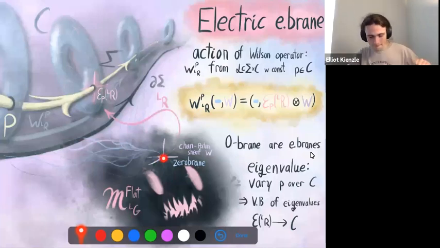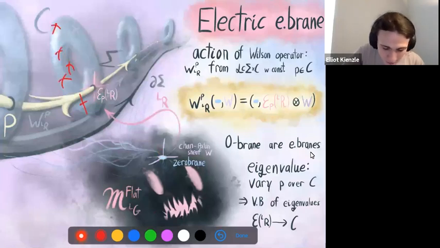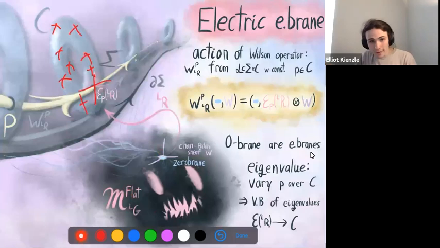Now the zero brane is a point in the moduli space of flat GL bundles over C, which means that the zero brane is naturally associated to a flat GL bundle over C. And choosing a representation, you can take the associated bundle, and you get this very canonical vector bundle over C. In particular, you can take the restriction of that vector bundle to the point P, and that just gives you a vector space. Okay.